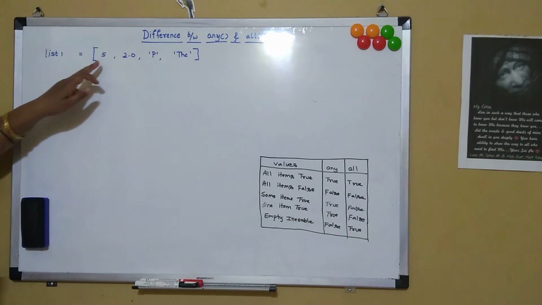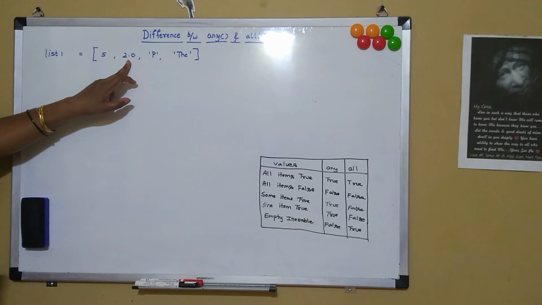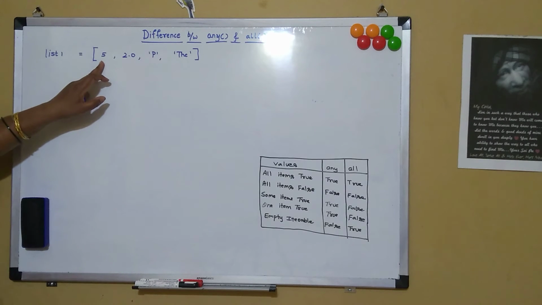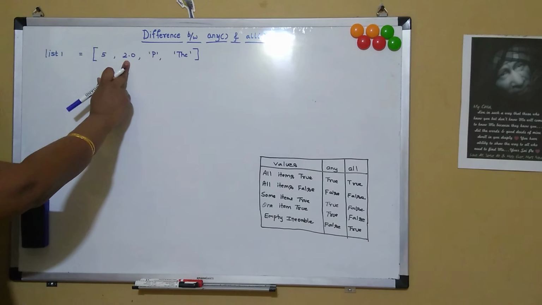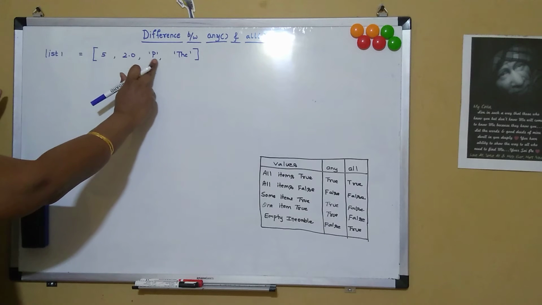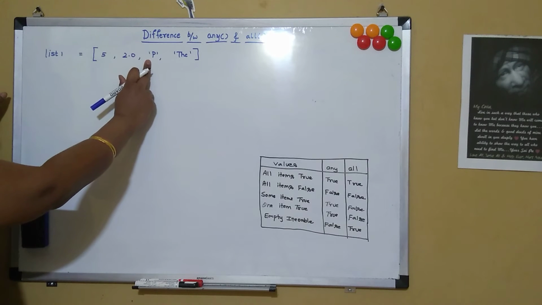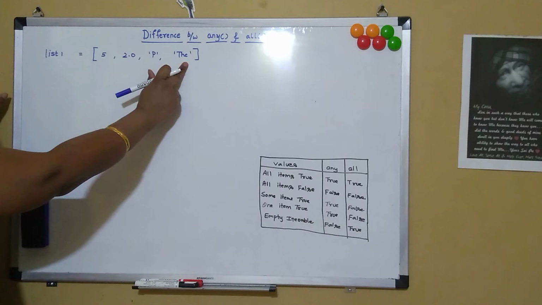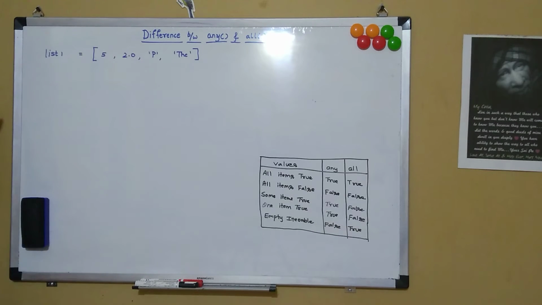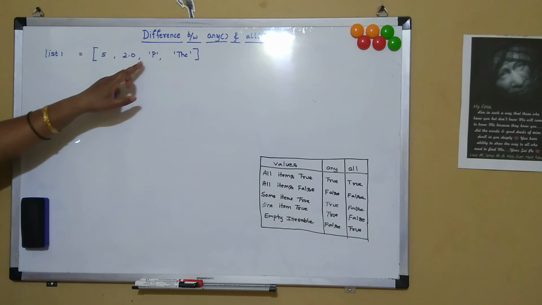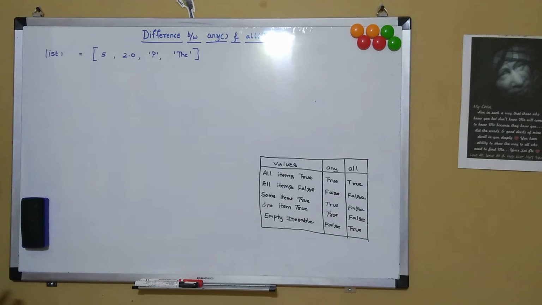So 5 evaluates to true. 2.0 also evaluates to true because it is not 0. 5 is not 0, so it's a Boolean type true. 2.0 also evaluates to true. P, it's not an empty string. It has a character, so it evaluates to true. The is also not an empty string, so it evaluates to true. So all the items in the list evaluate to true.